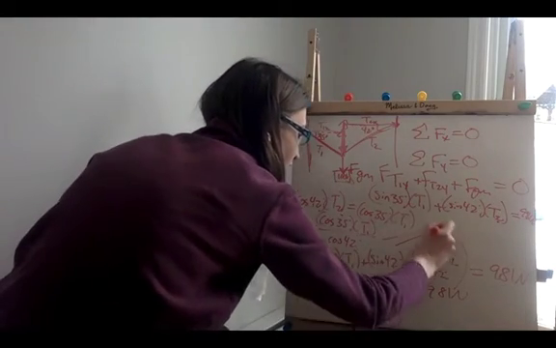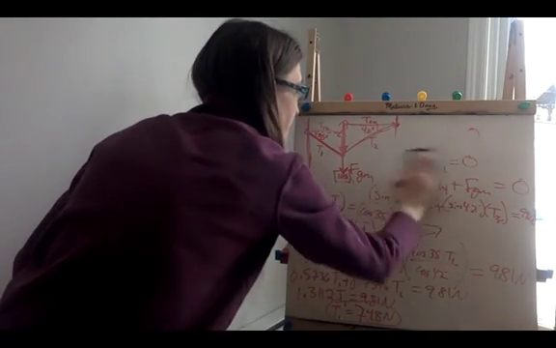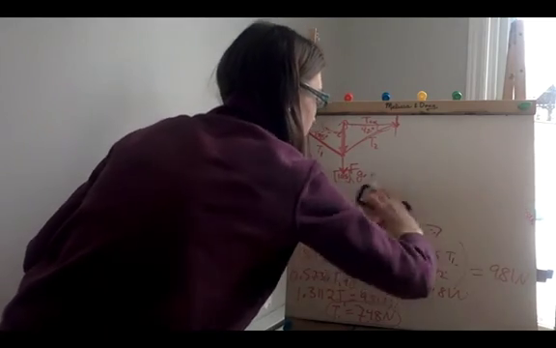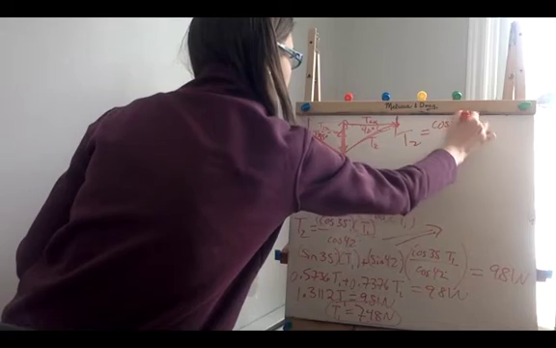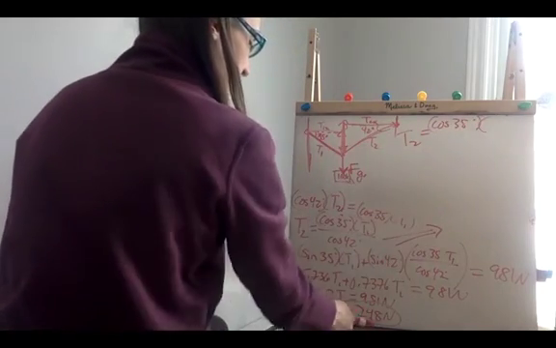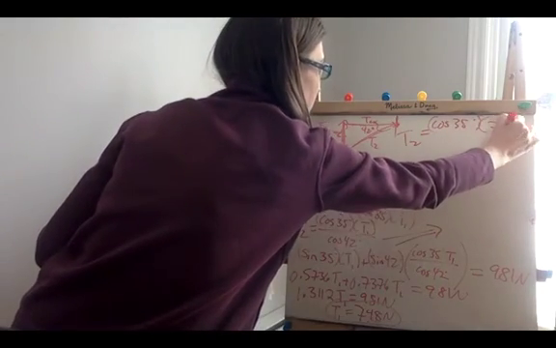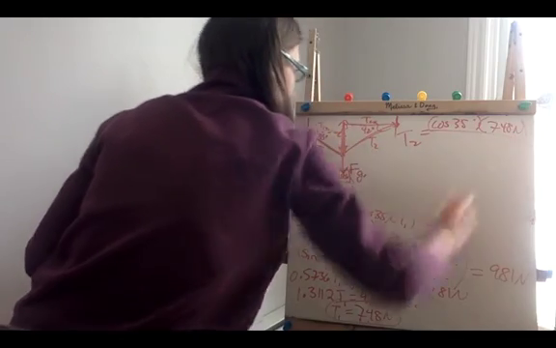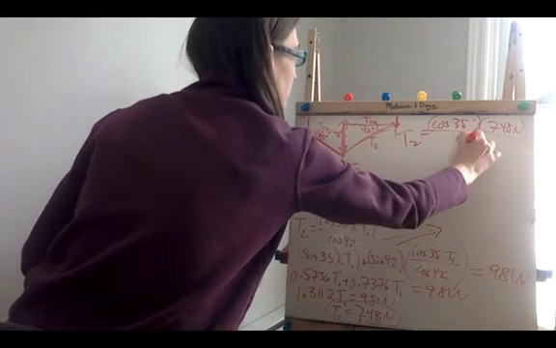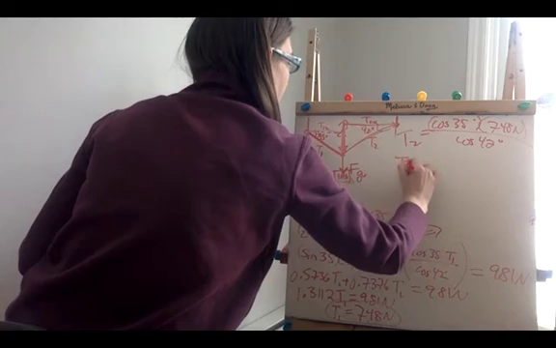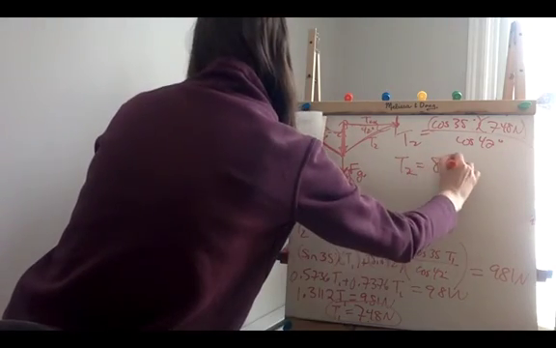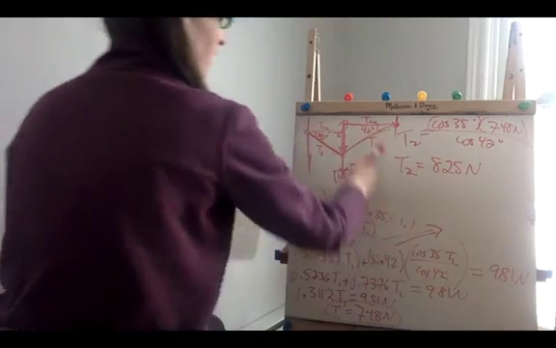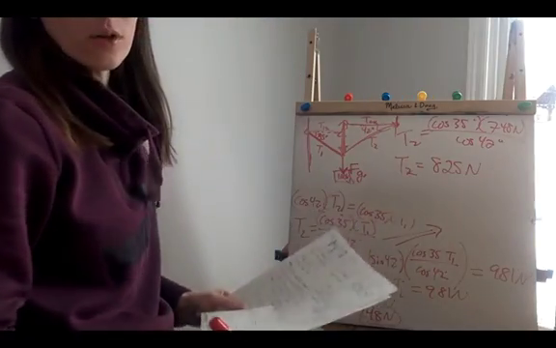And our force of tension in the second cable ends up being 825 newtons, again, 42 degrees from the horizontal.